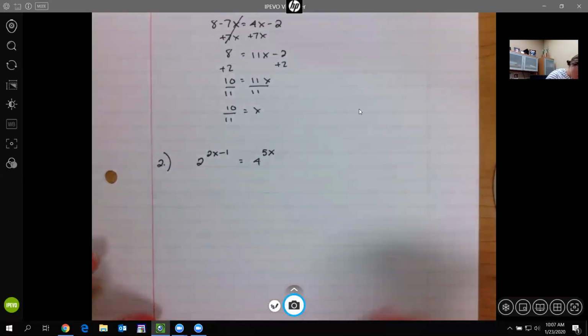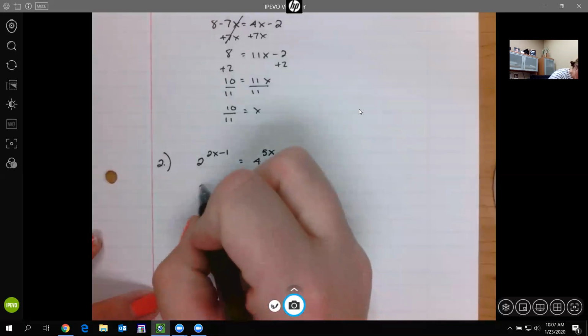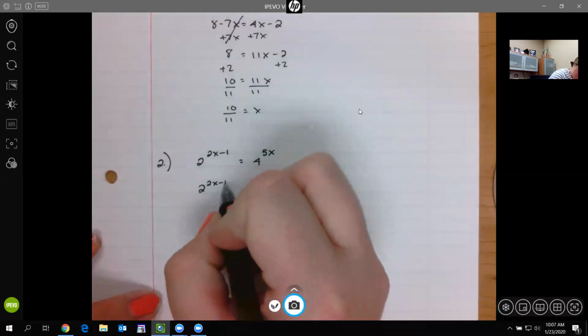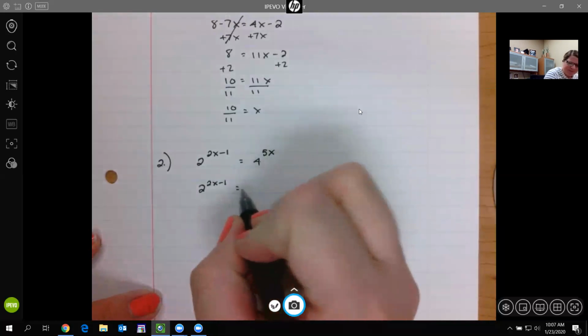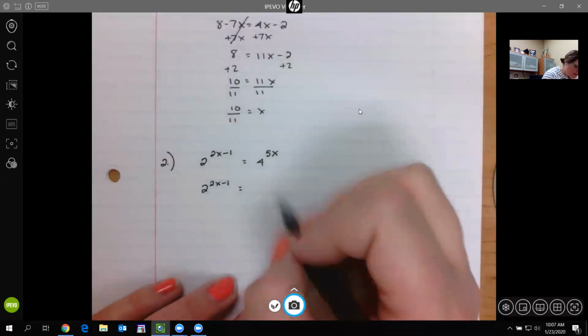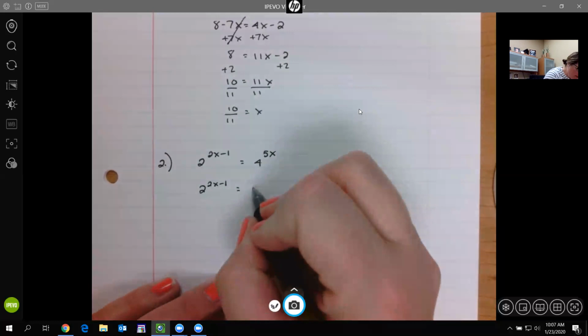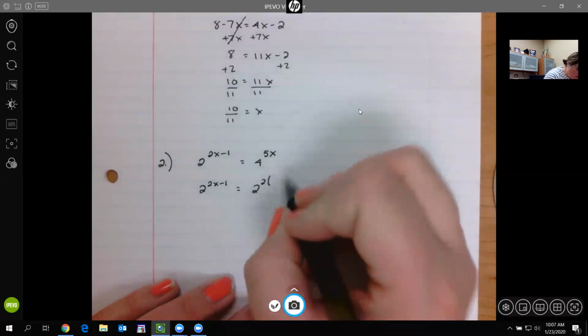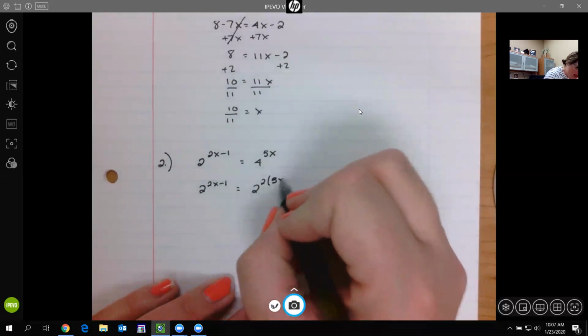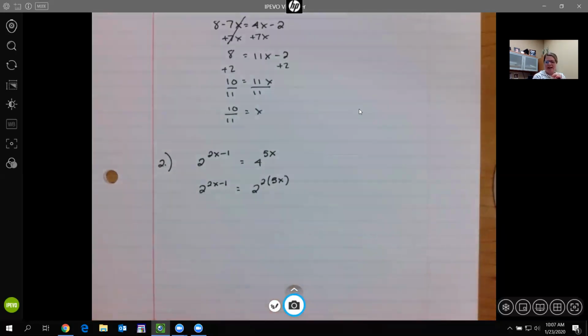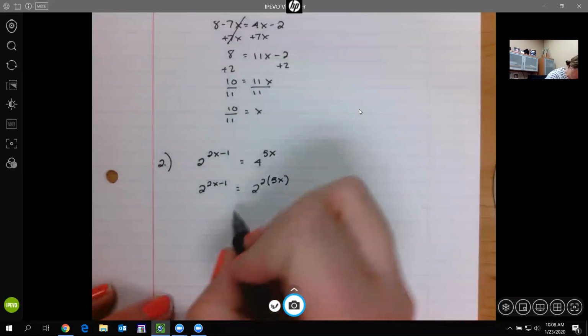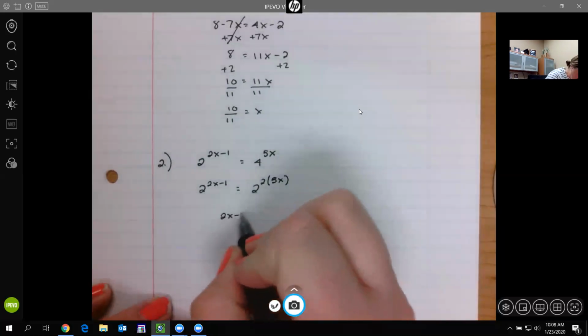So we're going to keep this side 2 to the 2x minus 1, and over here on this side, we're going to write this as 2 squared. So when we do that, we're going to multiply that 2 by the 5x to get what's going to be in our exponent. Now we're back to what we just saw, so we can set the exponents equal to each other and solve.